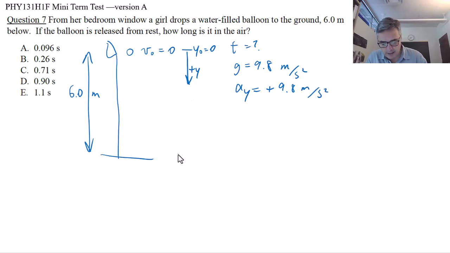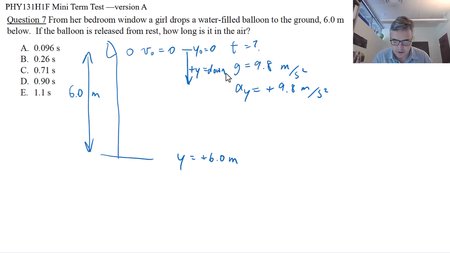And then the y final is plus 6.0 meters. There are many ways of doing this question, and you can define y as up if you want. I have defined plus y as down.